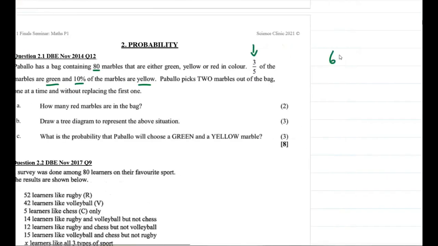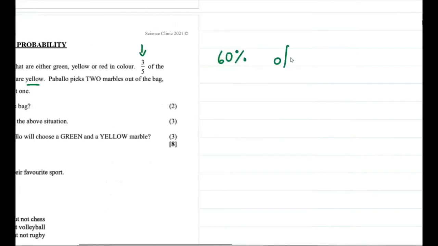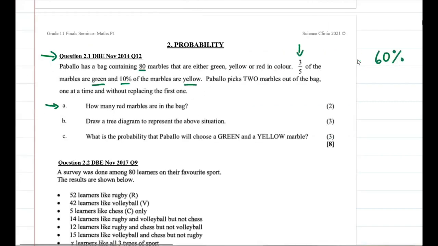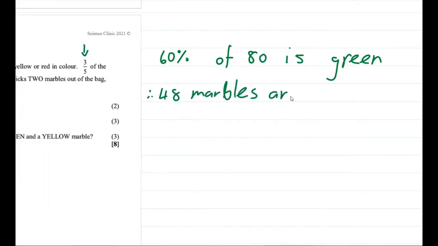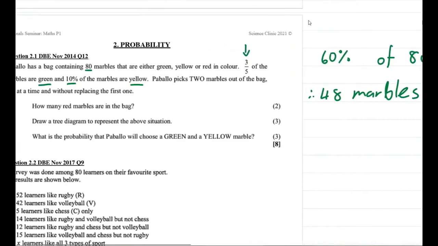All right, so 60% of the 80 marbles is, they say, green. 48. Say again. 48 marbles are green. So therefore 48 marbles are green. So I just want to number this quickly. This is A.